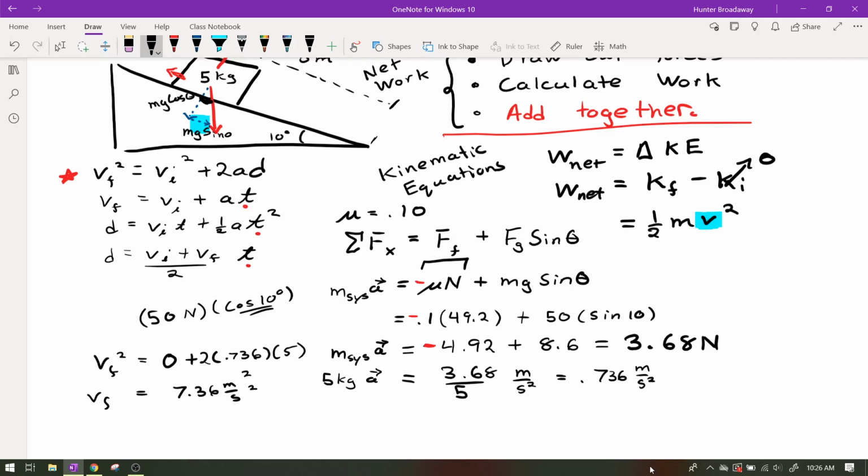Okay. Right. So we need to take the square root of both sides, right? So if you do this times this, you get a number: 2.71 meters per second at the bottom of the ramp. Okay?